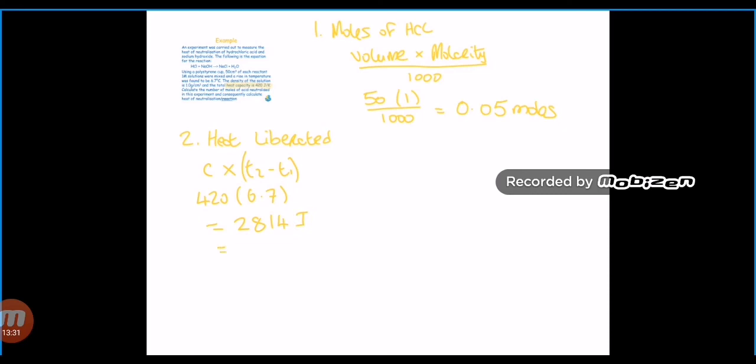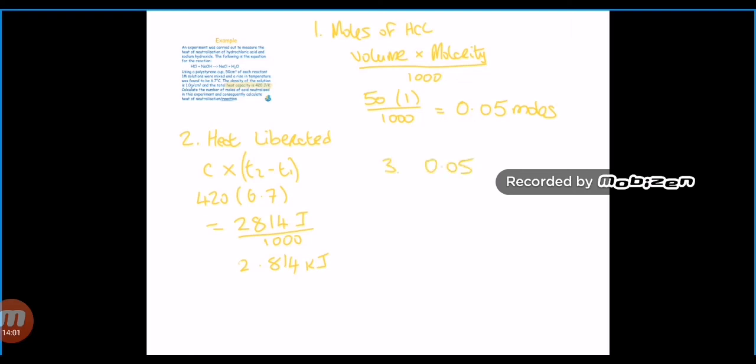However, we usually want to get heat in kilojoules because we want our heat of neutralization to be in kilojoules per mole. So to do that, you divide by 1000 and you get 2.814 kilojoules. Now, this kilojoules represents the number of kilojoules that are present in 0.05 moles of our acid.